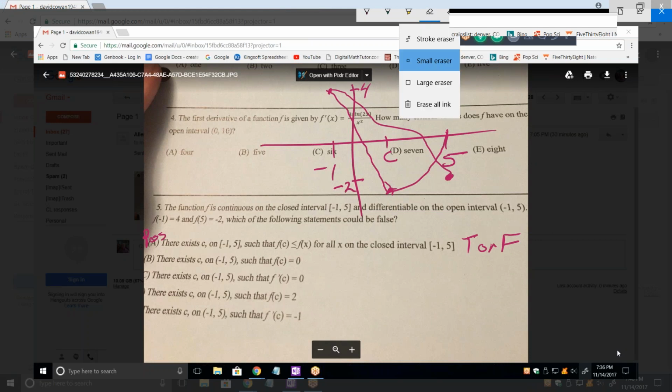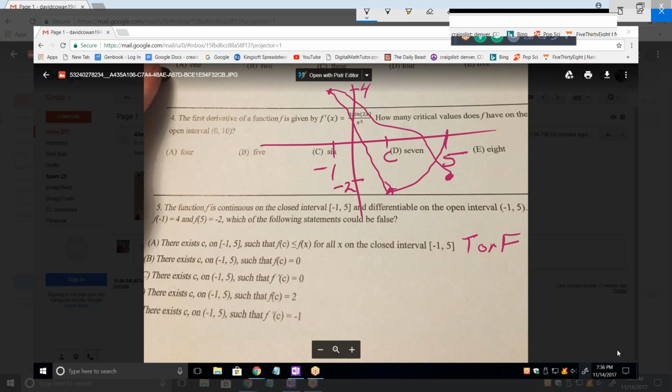It's a weird question. I'm not sure I've seen a question, which of the following statements could be false? Let's just put true or false there. There exists a C on the open interval such that f of c equals 0. Could that be false? No, can't be.